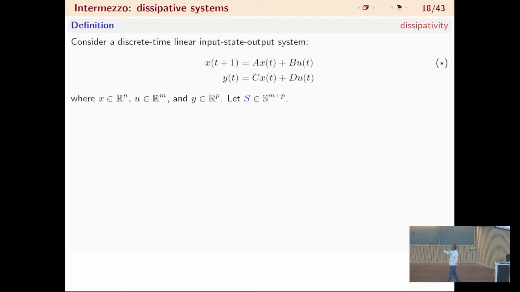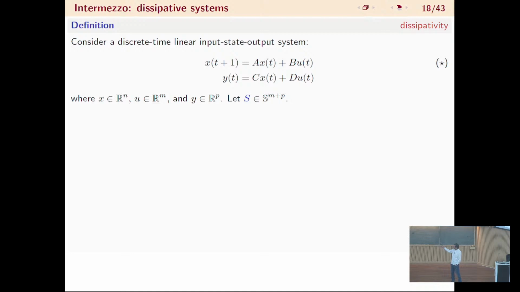And also, I have this symmetric matrix, m plus p times m plus p. M and p are the number of inputs and the number of outputs. Okay?